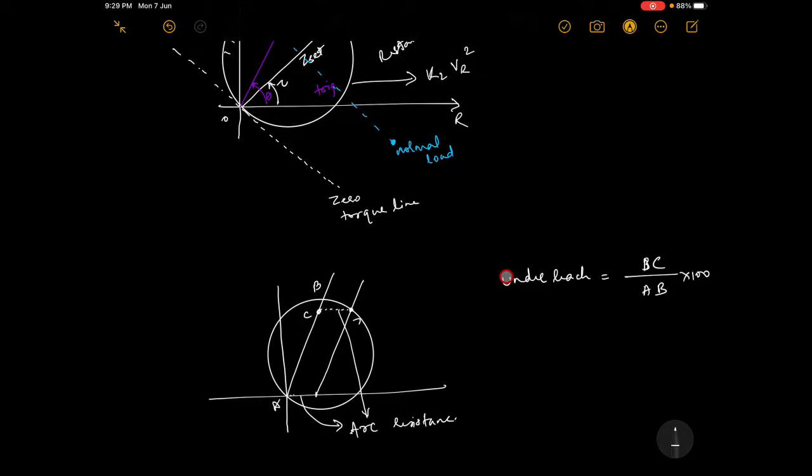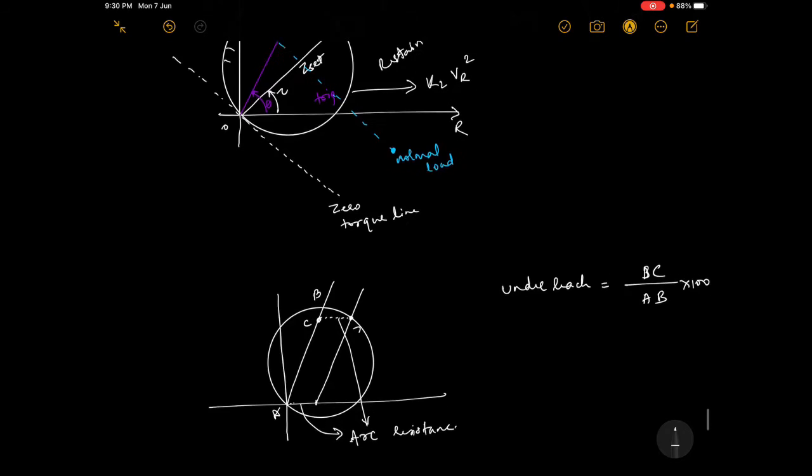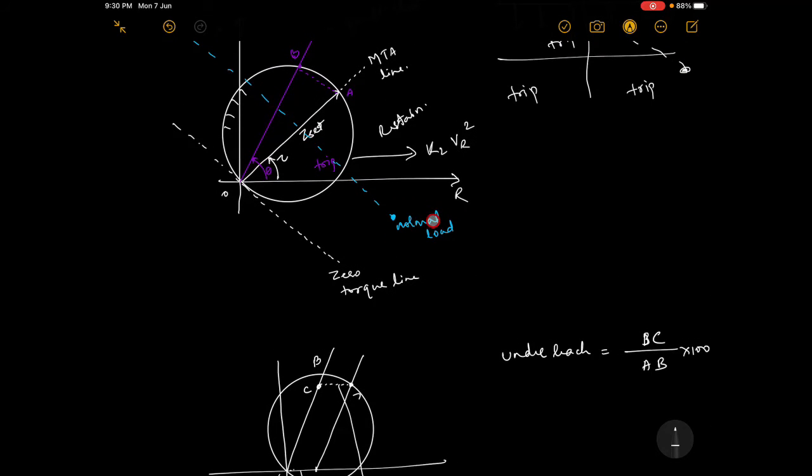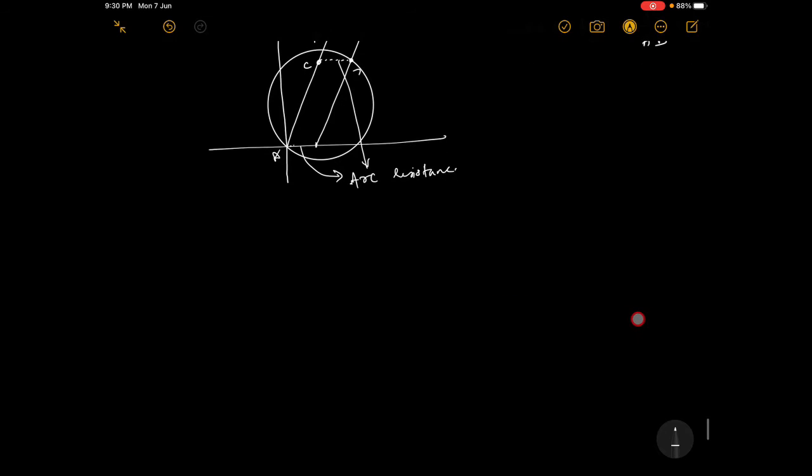Now when will this come into picture? Do you remember? Arc resistance is due to the resistance of an insulation. And it comes into picture in normal load when you have a double-ended, or double end fed, system. For example, here you have EA and ZA, this is A, and you have a relaying point here.